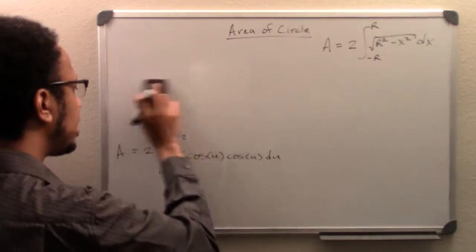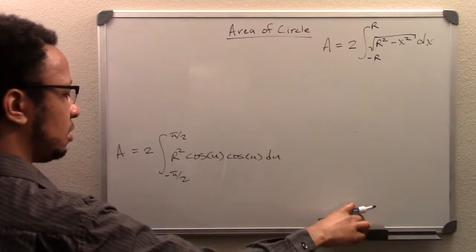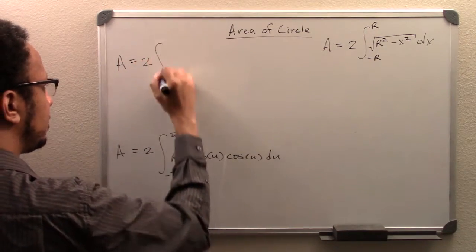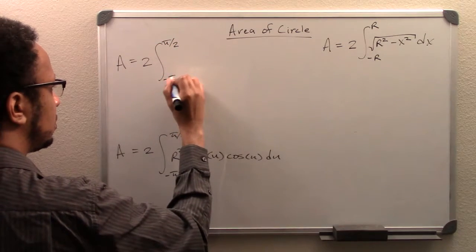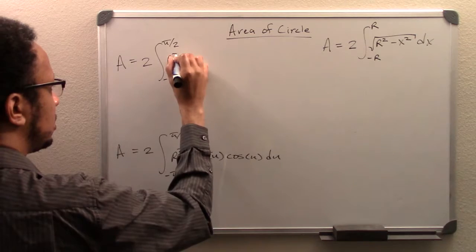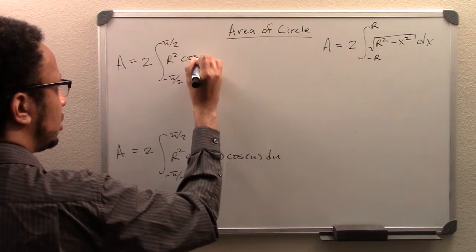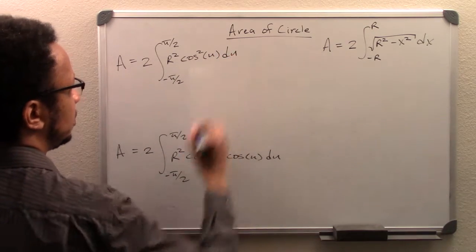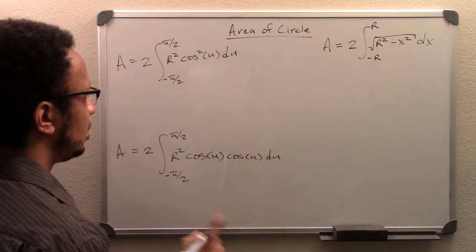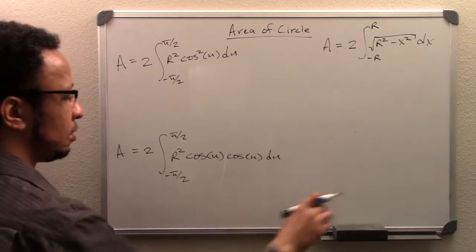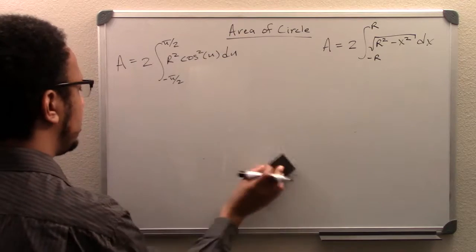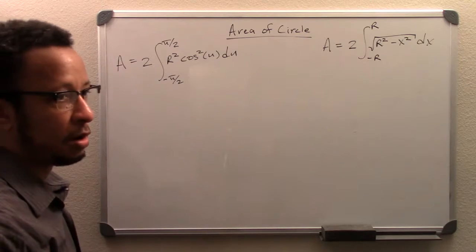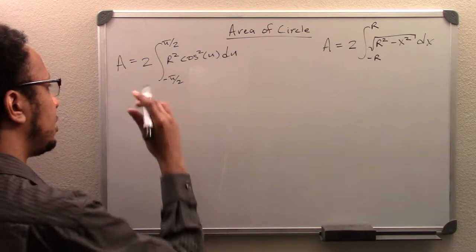Quickly you can recognize that the area in a simplified form is equal to r squared times cosine squared of u du. Now we're going to bring that r squared out, because r squared is for the most part a constant, so we can bring it out in the front.